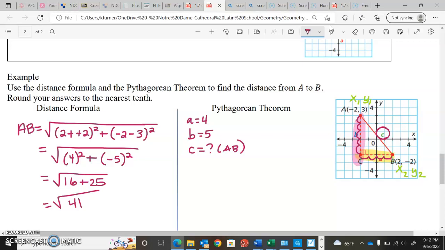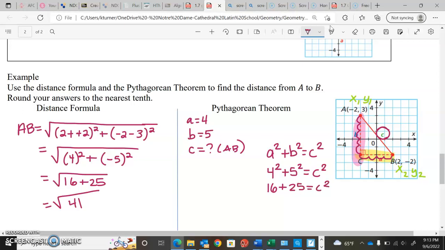Okay, C is our hypotenuse, which also happens to be the length of AB. So using the Pythagorean theorem, if we solve for C, that's going to be our length AB. So again, the Pythagorean theorem states that A squared plus B squared equals C squared. So I'm going to just substitute in 4 for A, 5 for B, and then I'm going to solve for C. So our order of operations are to first do the exponents, so 4 squared and 5 squared.